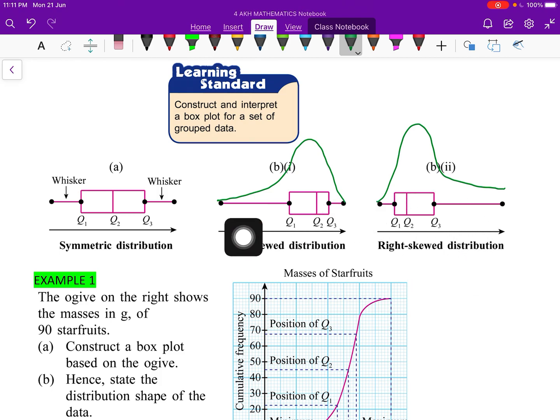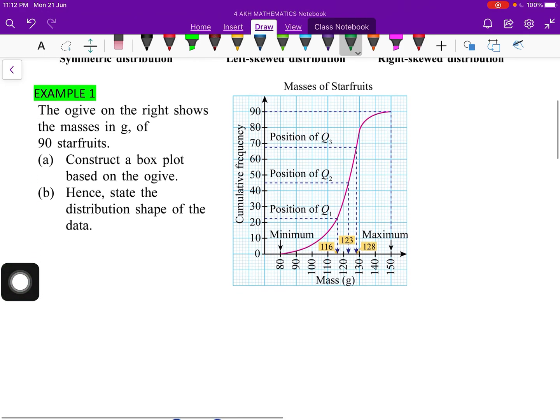So, box plot, there are 3 types of distribution: symmetric, left skewed distribution, and right skewed distribution. So kita akan construct box plot, and then based on this distribution kita akan interpret. Alright, let's look at example 1.